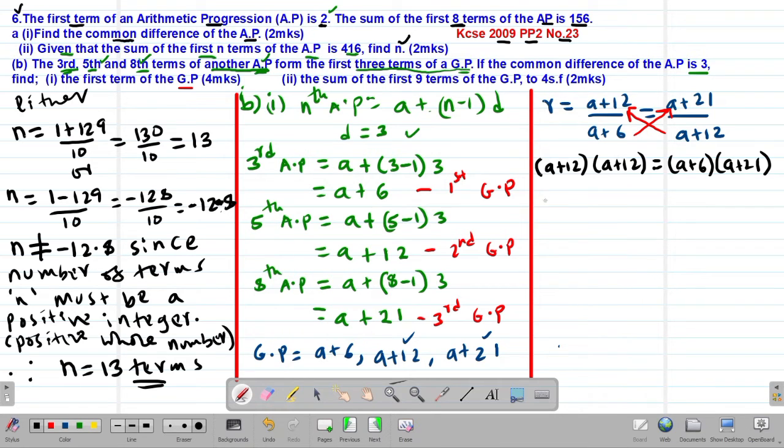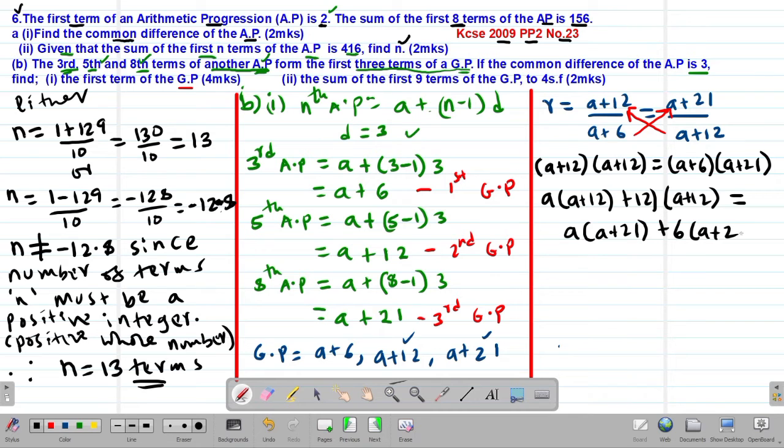So if I open this bracket, of course I'm going to expand. So I'll have A into bracket A plus 12, then of course plus 12 into A plus 12, which should be equal to, if I expand the second part, I'll get A into A plus 21, then of course plus 6 into A plus 21.